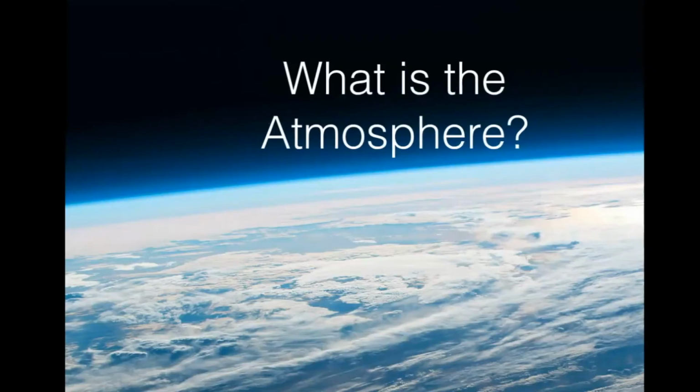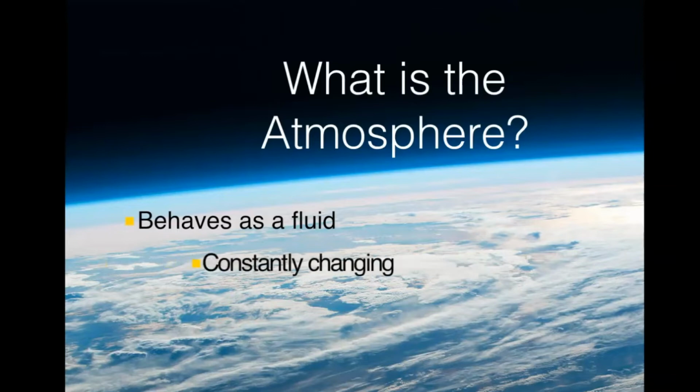When we are examining this, it's important to remember that our atmosphere, from the videos, behaves like a fluid. It looks like it moves more like water does than gases.